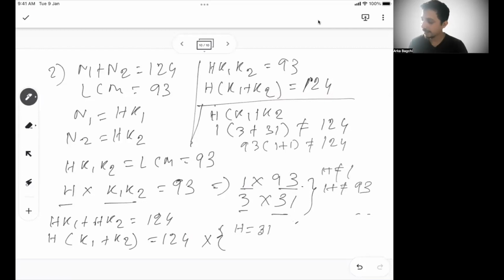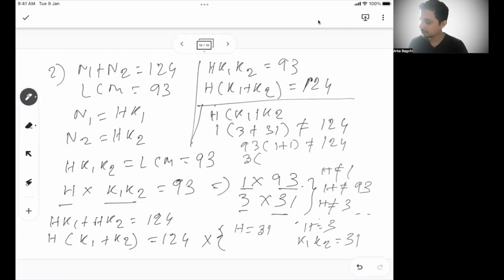Can H be equal to 3? H cannot be equal to 3, because if H is equal to 3, then your K1, K2 has to be equal to 31.